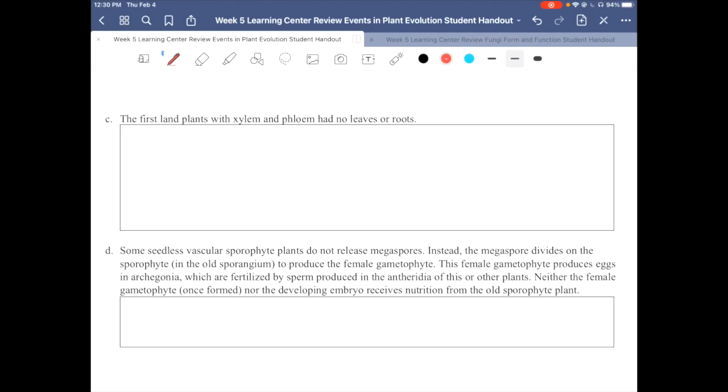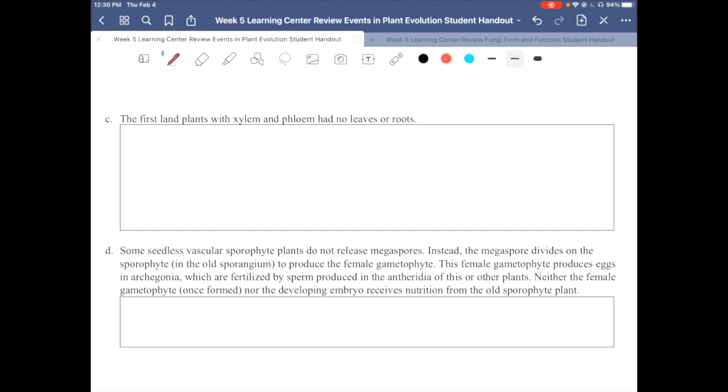So the addition of the xylem and the phloem allowed for the plants to grow much, much taller. Specifically, the xylem allows for water to be transported quickly from the soil to the top of the plant. And then some parts could be shaded and still be fed by the transported sugars.